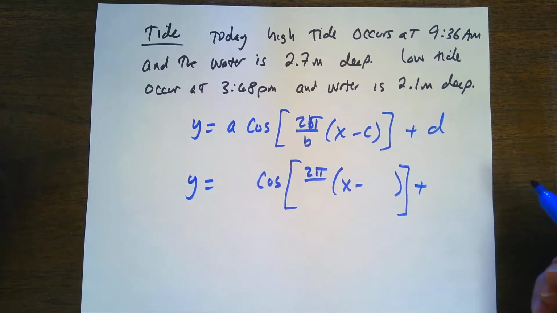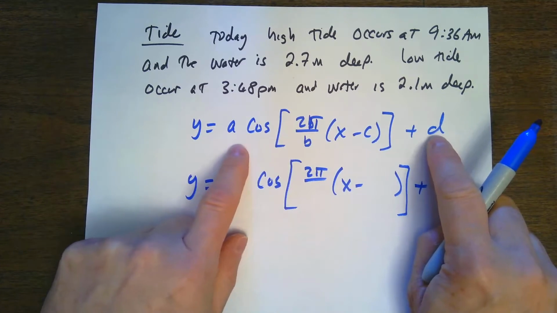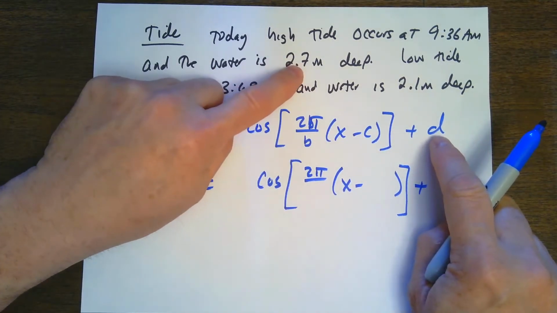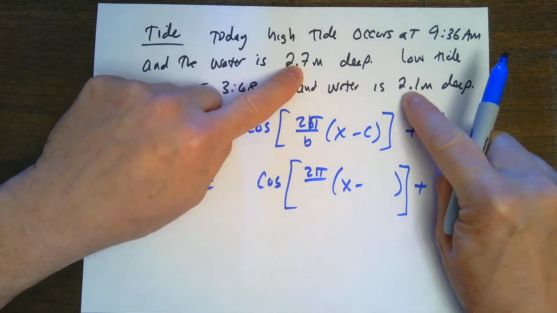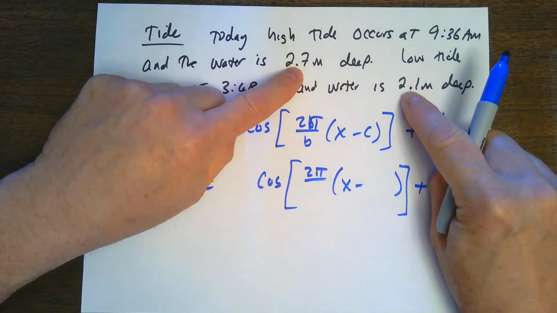All right, so let's attack the amplitude and center line first, because I know that the high tide is 2.7 and low tide is 2.1. So what's halfway between them? If I add them together and divide by 2, I get 2.4.